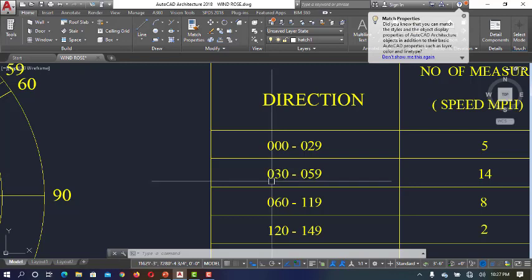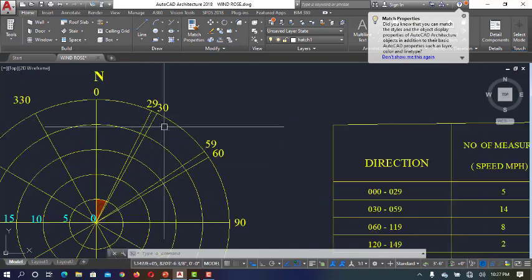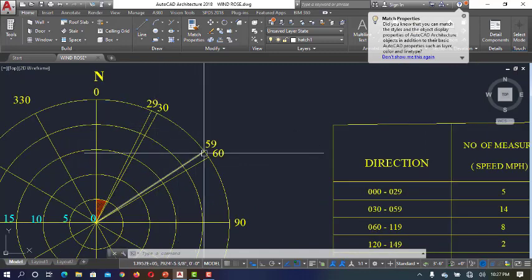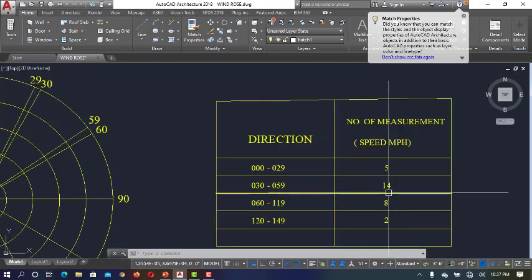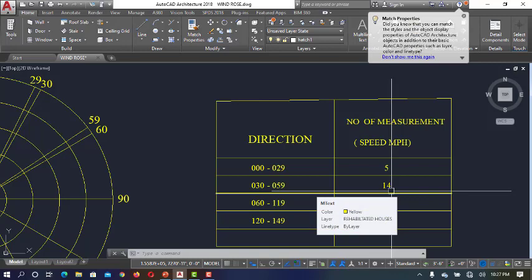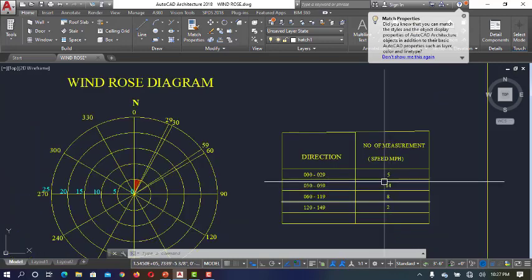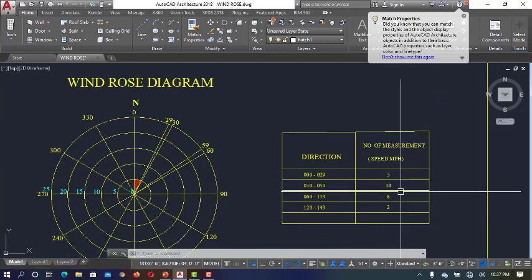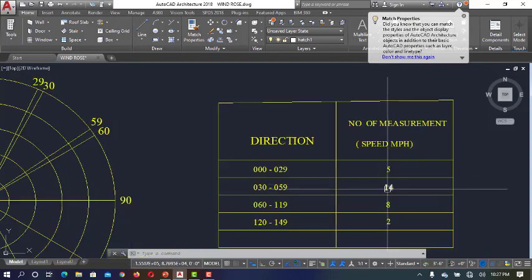Next example is your 030 to 059. That is, the direction is between 30 degree and 59 degree. This is our 30 degree and this is our 59 degree, right? Now what is the speed? The speed is 14. Another thing that you need to keep in mind is that you need to first check what is the maximum speed given to you.